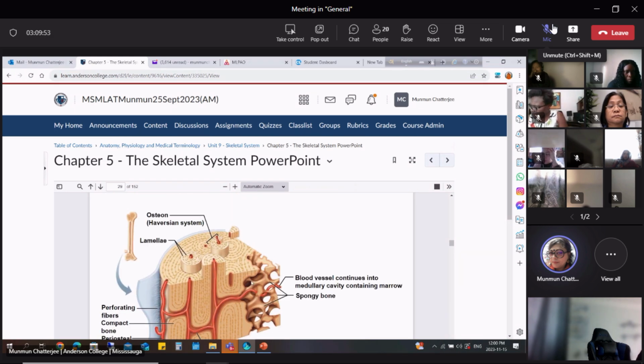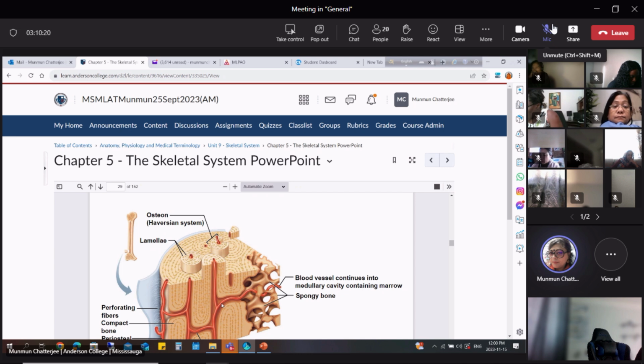See how it looks. It's not only one, so these are the units. This is called the osteon, which has the central canal. The total Haversian system is your osteon and the central canal. Here the nerves and blood supply go. There are so many osteons in each bone.